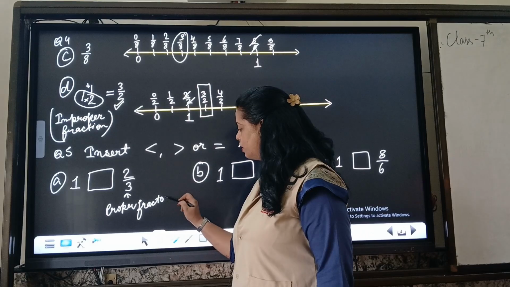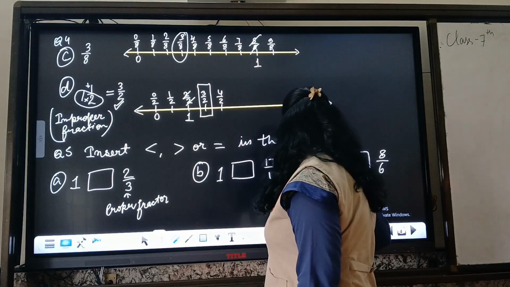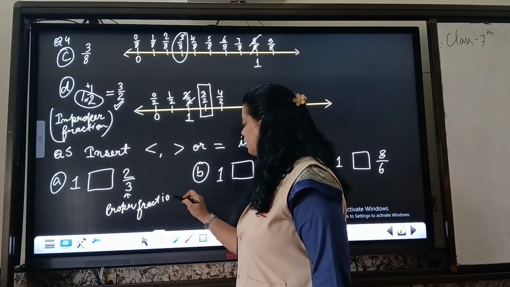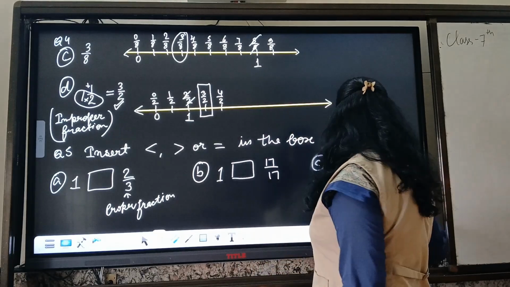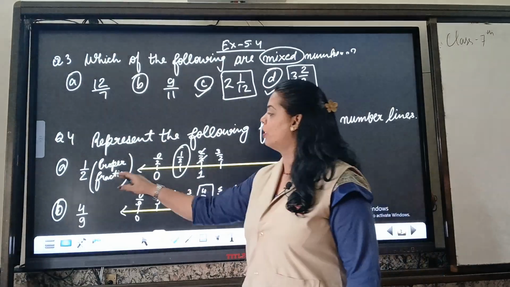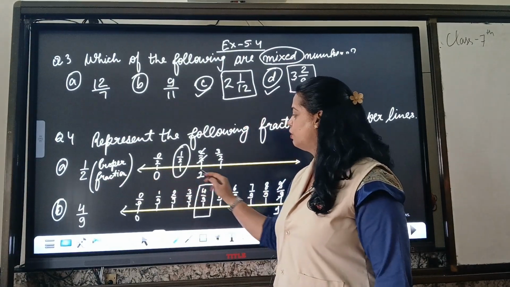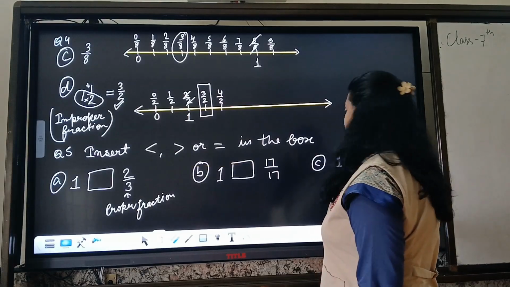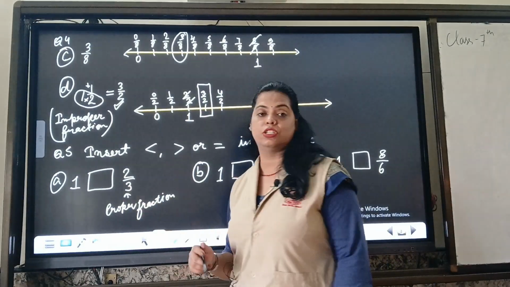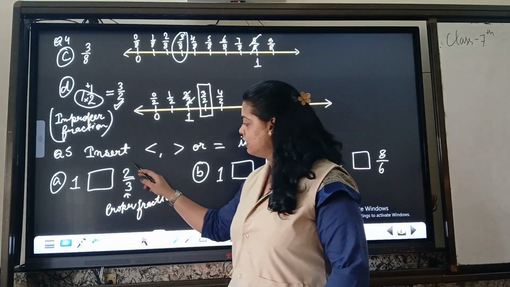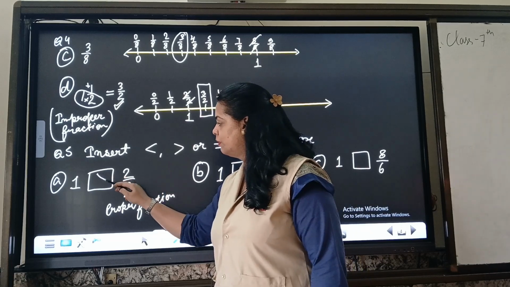And proper fraction, in A part of the fourth question, here we have seen proper fraction always lies between 0 and 1. So by looking at their fraction form, we can justify which one would be greater. So it is smaller than 1, so which would be greater?